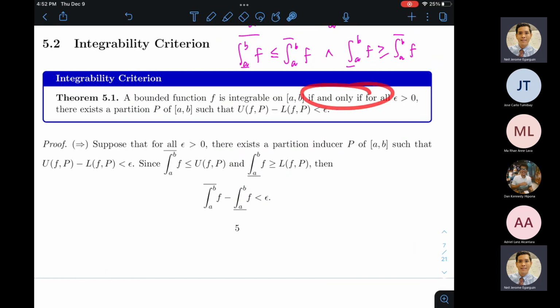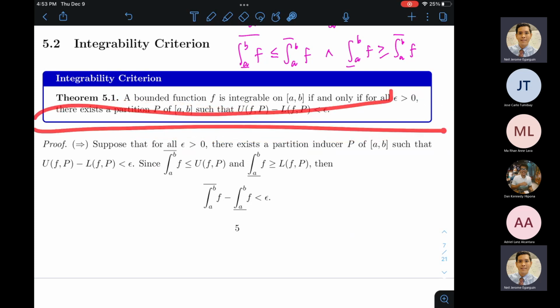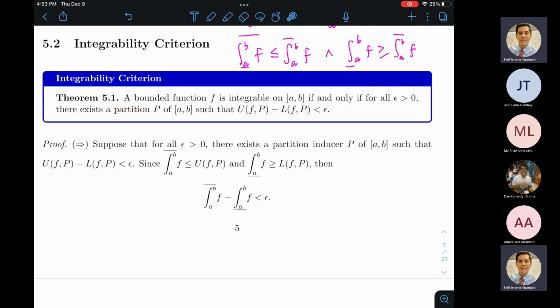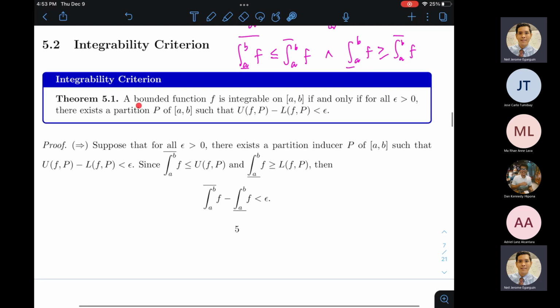So, isa siyang magandang characterization kasi it works both ways. If we know that it is Riemann integrable, then this condition will hold true. And if this condition holds true, we know the converse is also true, that f is Riemann integrable. Right? So ano yung criteria na ibibigay ng theorem 5.1? Ang sinasabi niya, f should be a bounded function first, right?